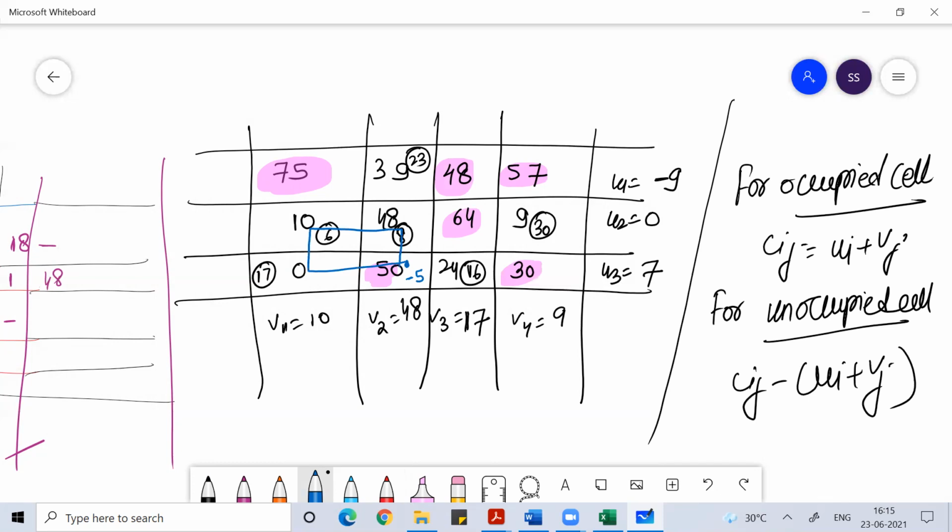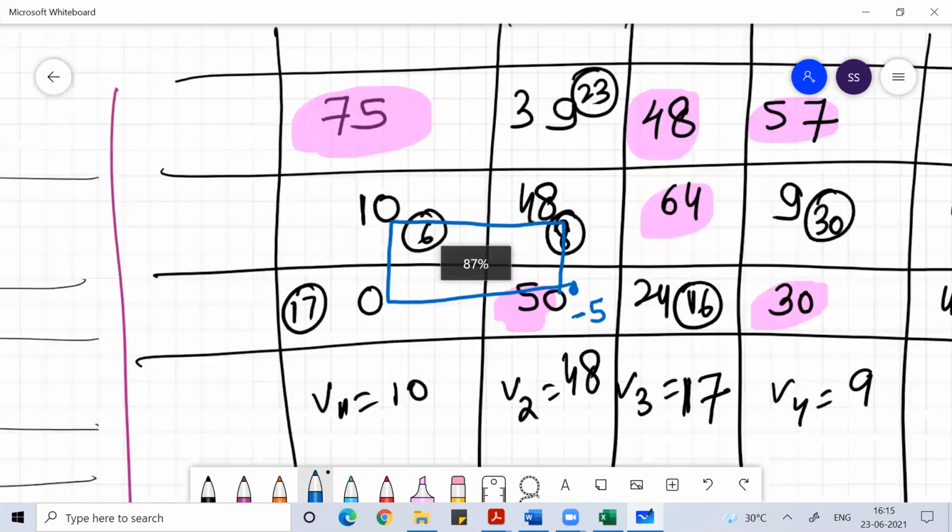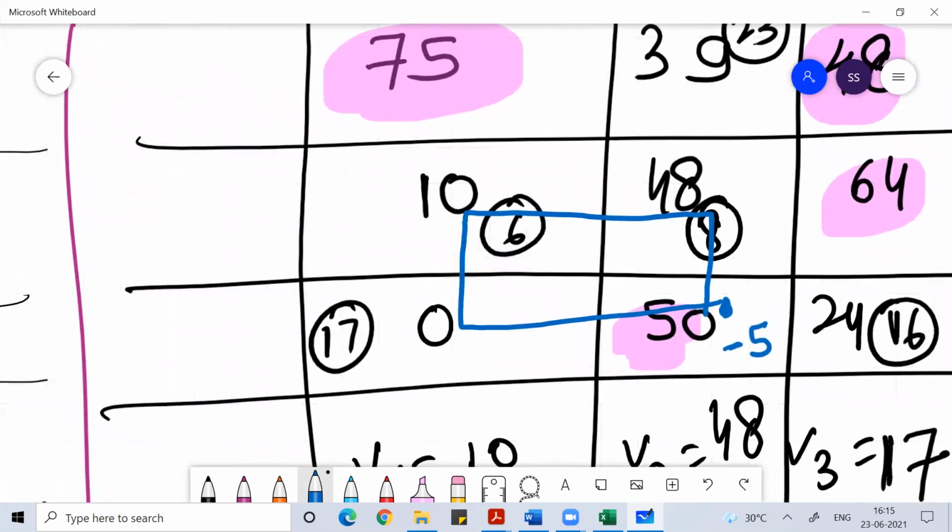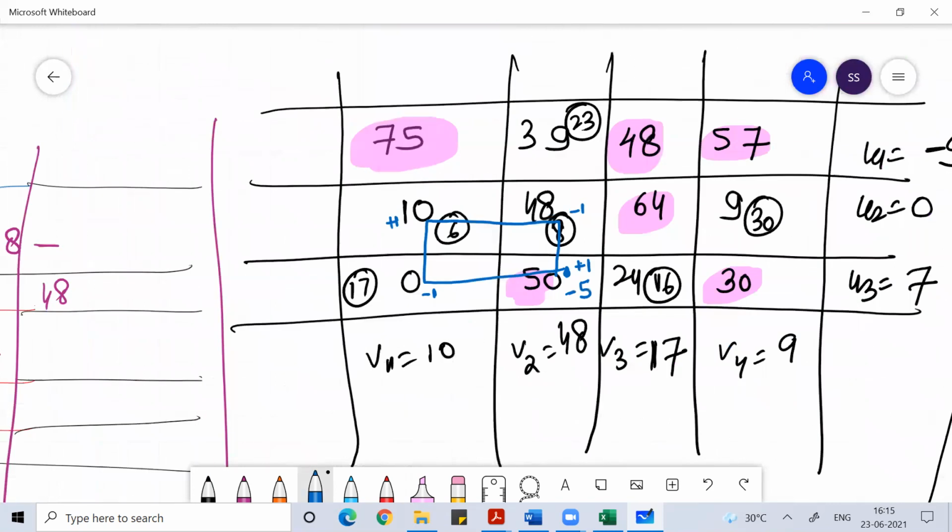This is a plus sign, minus sign, plus sign, minus sign. Suppose this is A, this is B, this is C, this is D.